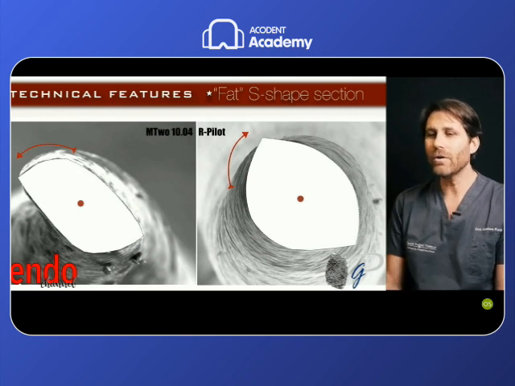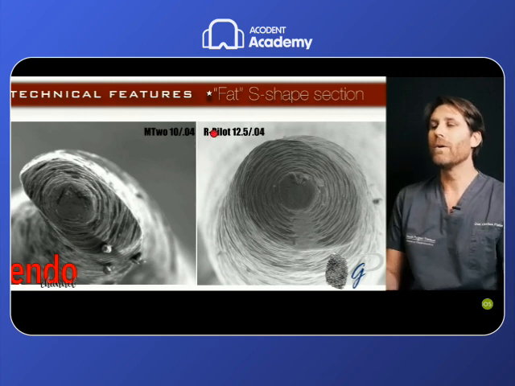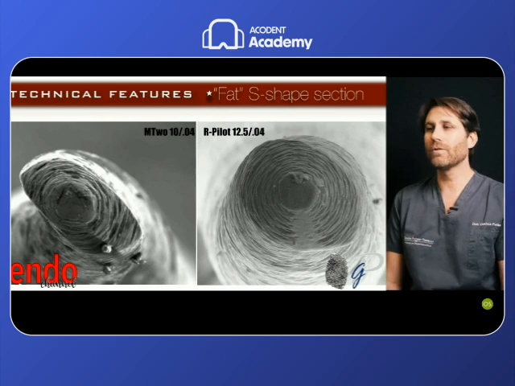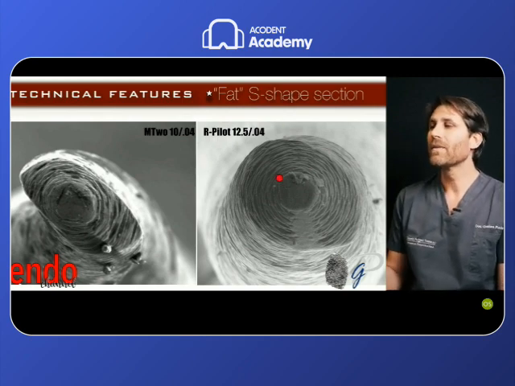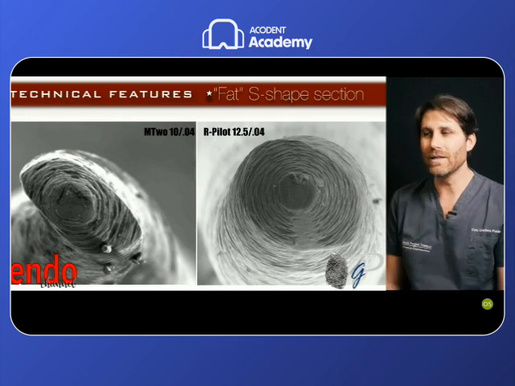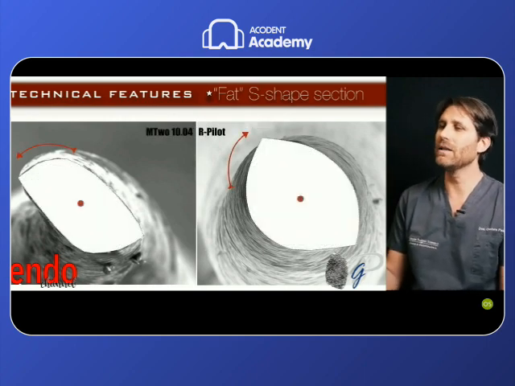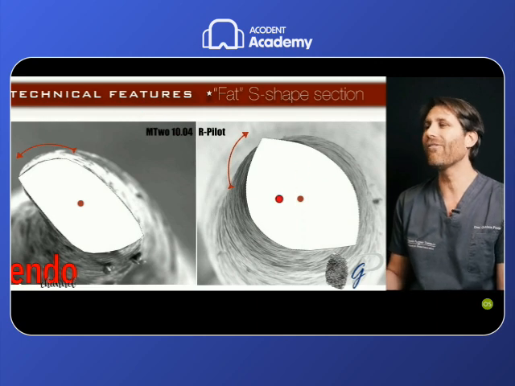Furthermore, the air pilot has a 12.5 tip. So the tip was increased a bit in size, more than 10, to withstand the torsional stresses. The taper is the same, but the cross-section is a little bit different.